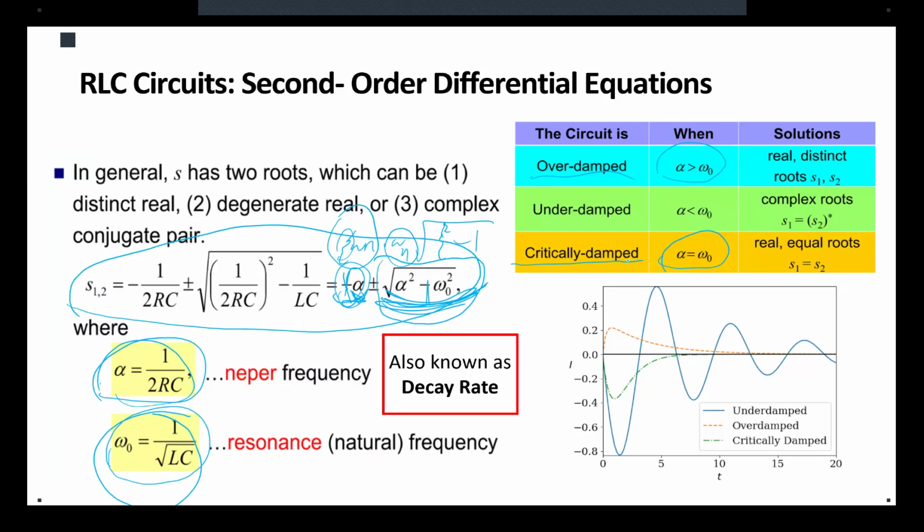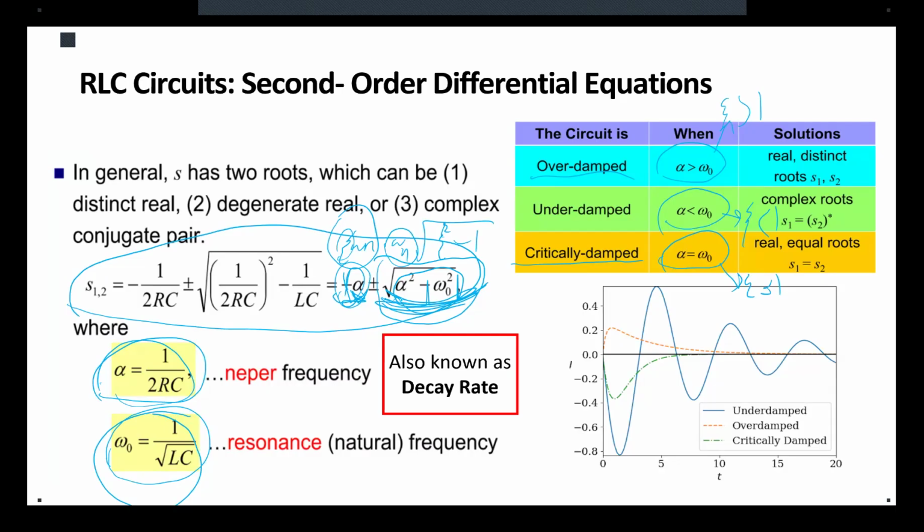And if you have alpha less than omega 0, which if you wanted to define it by psi, this is psi bigger than 1, this is psi less than 1, and this is psi equal to 1. Okay, this is the same. If you have alpha less than omega, then underneath this square root you have a negative number, which means an imaginary number.